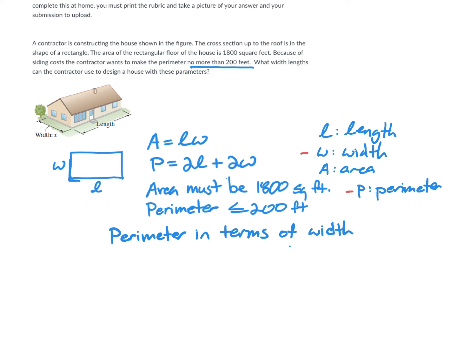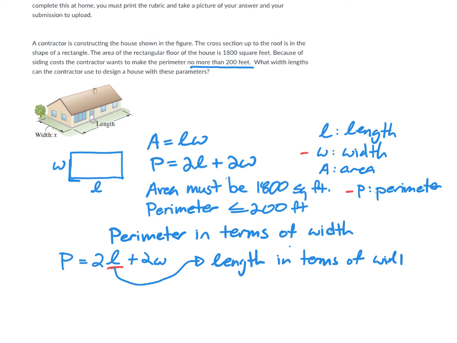And the way to do that is I'm first going to isolate, right? I'll take my equation here, perimeter. In terms of width, well, what that means is I need to get this L out of there, right? I don't want the L, I want just W. So I can use my other equation to come up with length in terms of width.